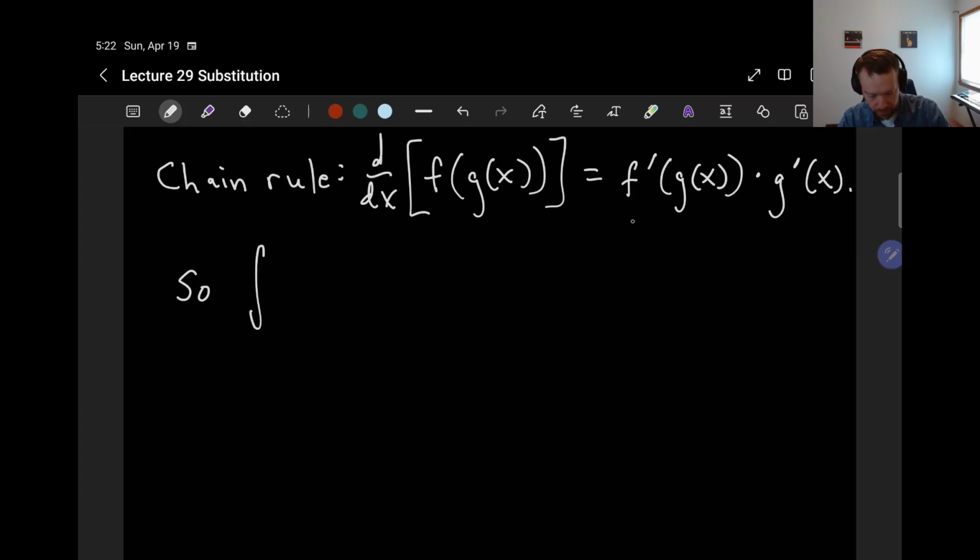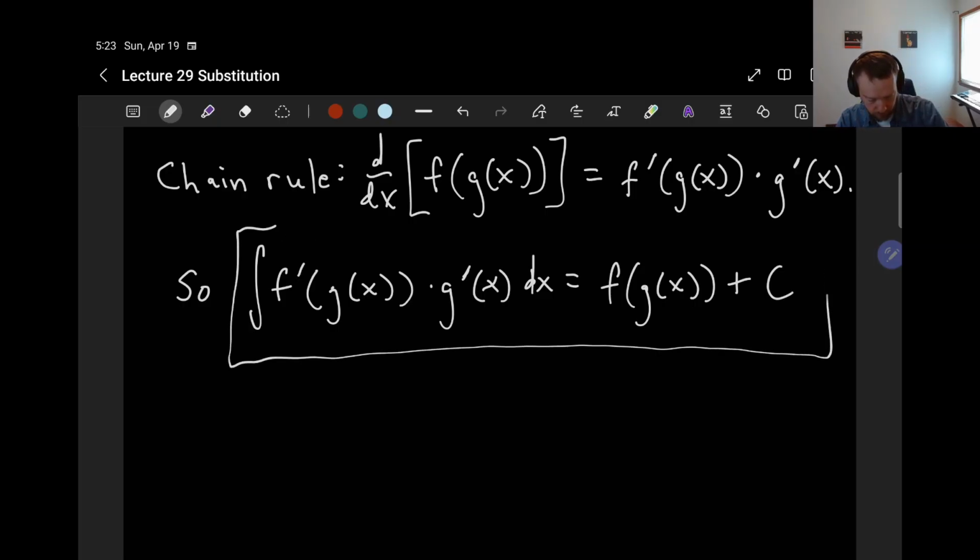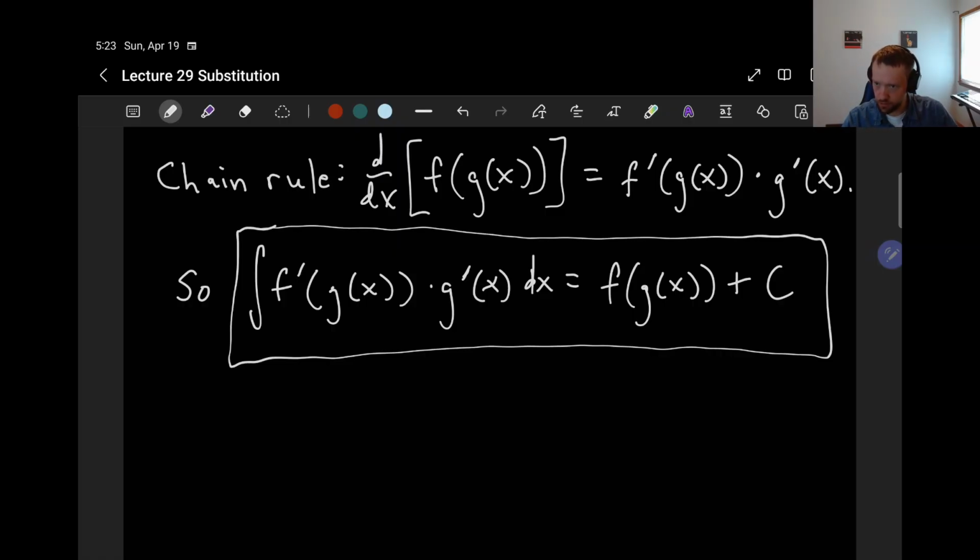This means the antiderivative of this part is equal to f of g of x plus c. Now we're going to do something which will simplify this picture a little bit.